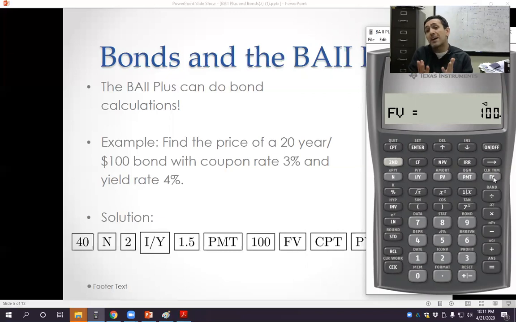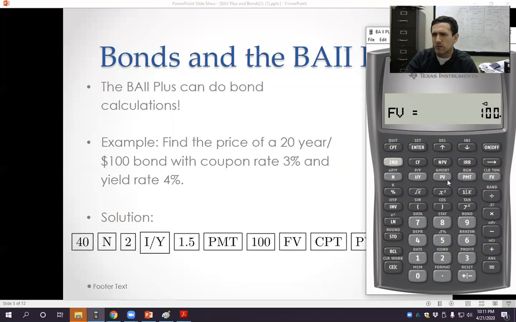The face value of this bond is $100, but you're going to enter whatever really the redemption is at maturity into FV. So it's not really face value always. But you can just remember it maybe as face value if you really want to. All right, so we do all of that. And this tells the calculator that this is the redemption at the end of 20 years.